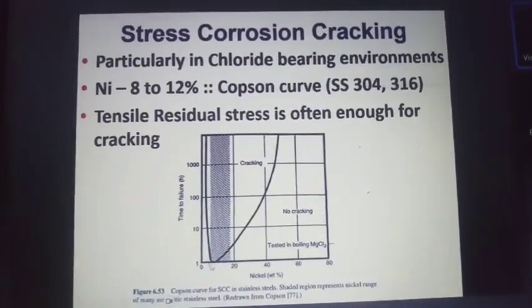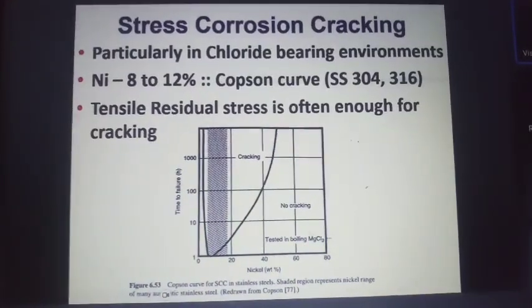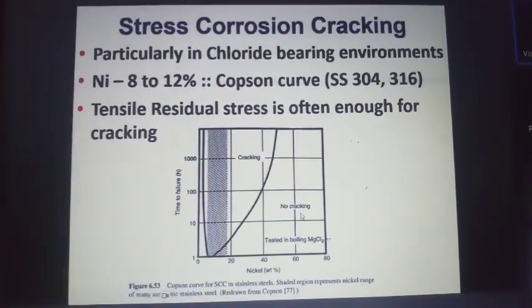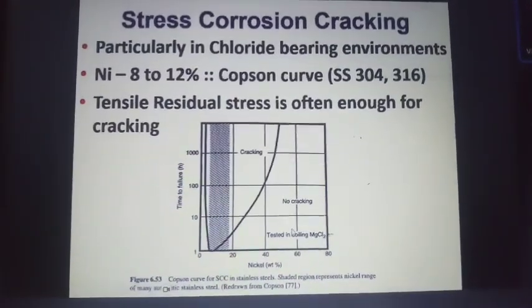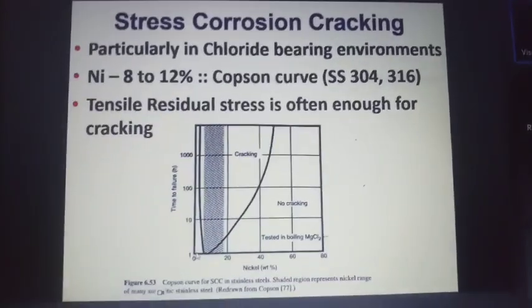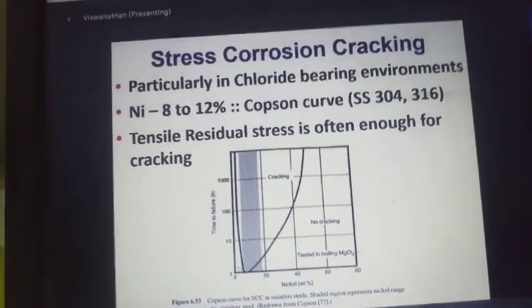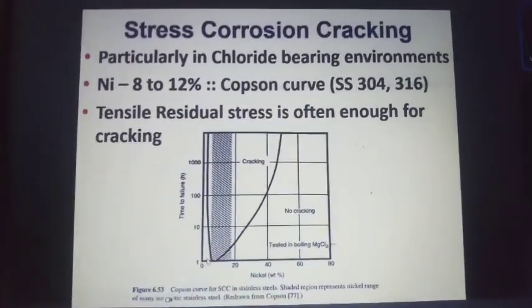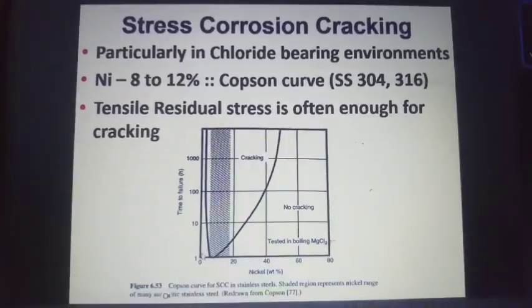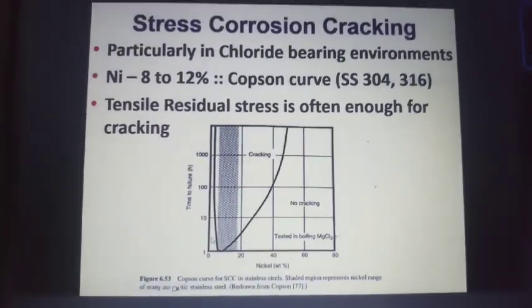So basically, the lower nickel is your duplex, and the higher nickel is your nickel base alloys, like 625 and all. 625 is virtually immune to chloride SCC. And your lower nickel, which is duplex stainless steel, like 5 to 7 nickel, also has superior chloride stress corrosion cracking resistance because of this concept. And this is the basic reason for the birth of duplex stainless steel.